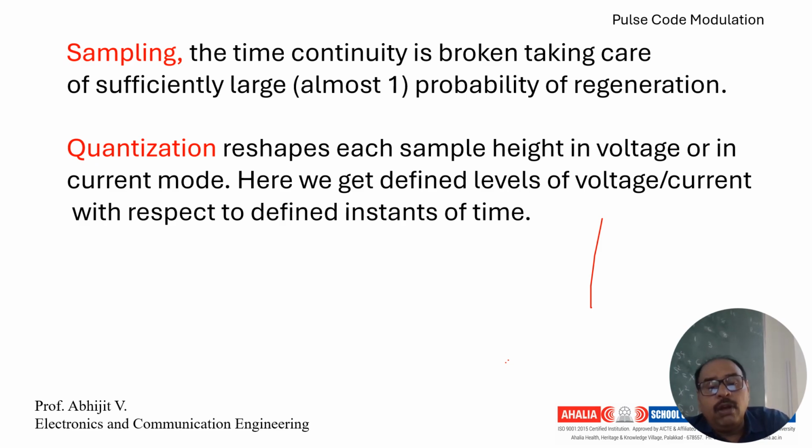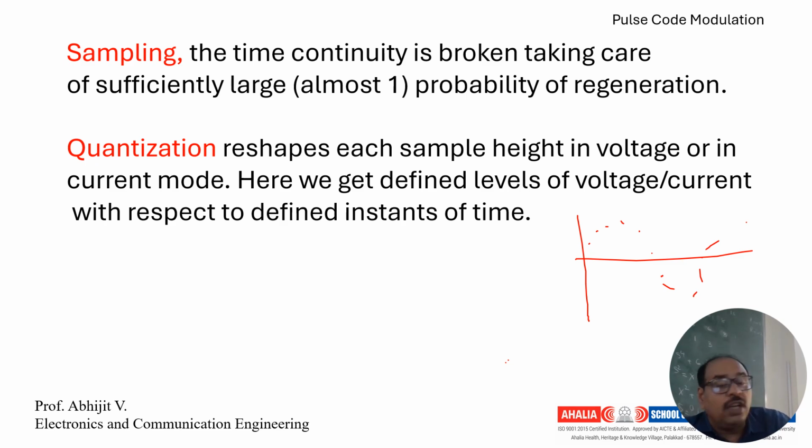See, listen here. This is a sinusoidal signal or this is some message signal. What I have done is that I have sampled the signal. That means I have removed certain parts, and I've made the signal like this. The original signal was continuous.